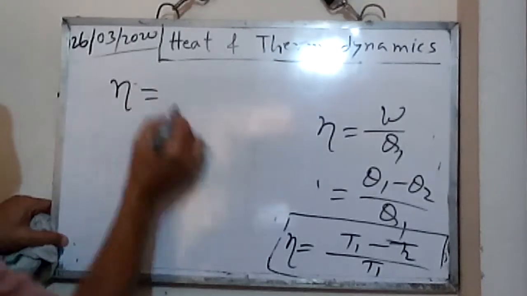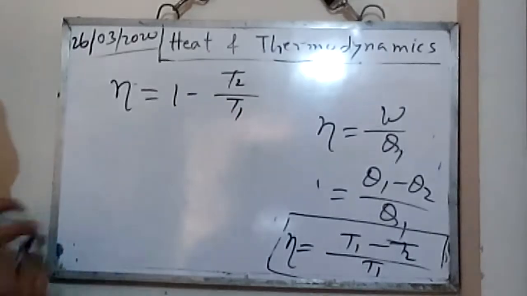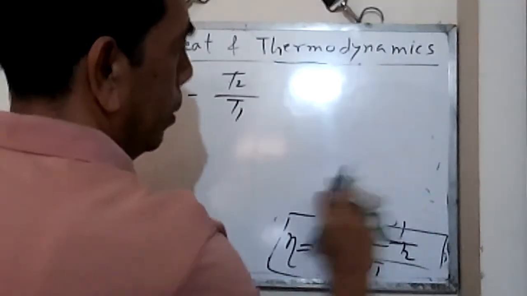Therefore, efficiency equals 1 minus T2 by T1.